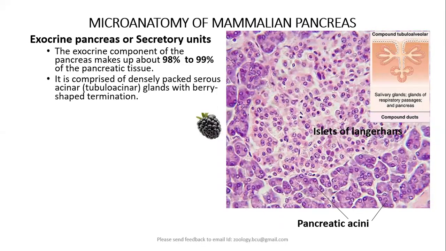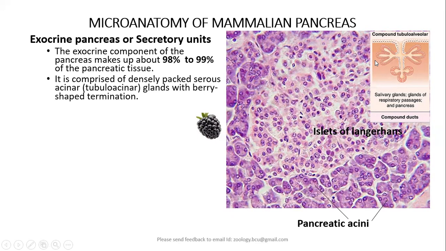And as you see here, it consists of densely packed acinar cells or the acinar glands. These acinar glands are made up of tubulo-acinar type of epithelial cells.